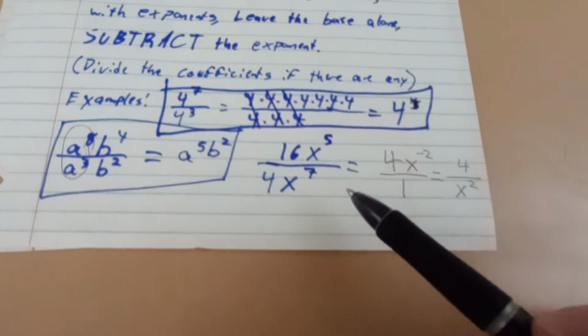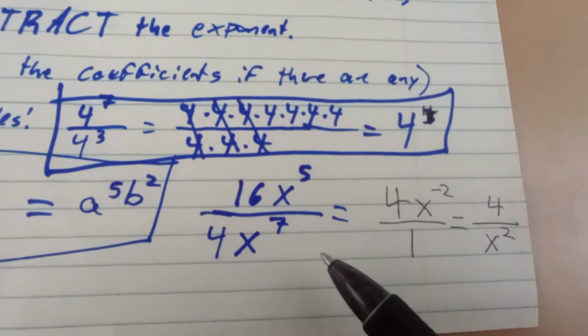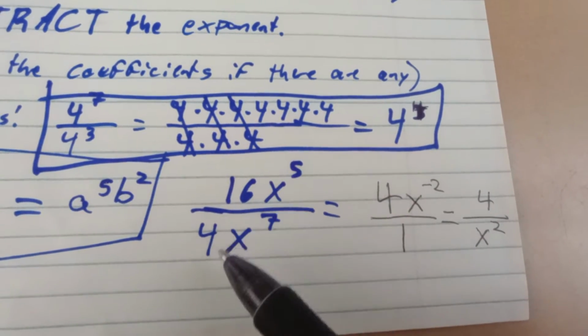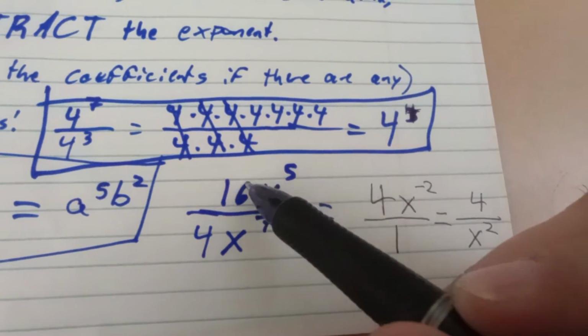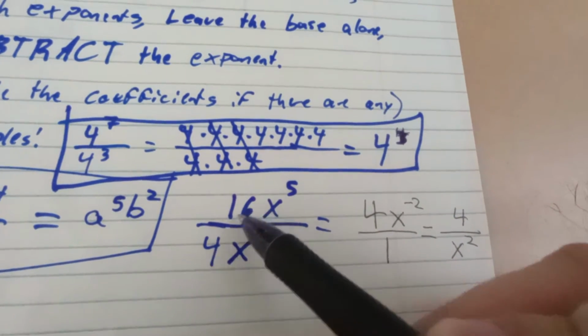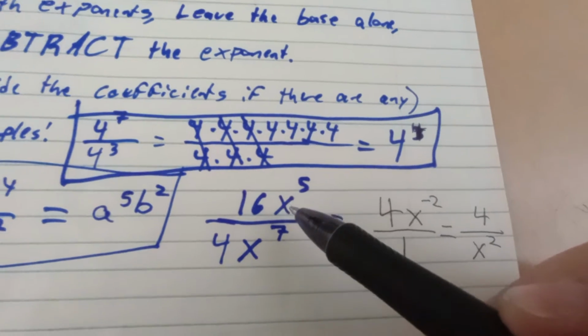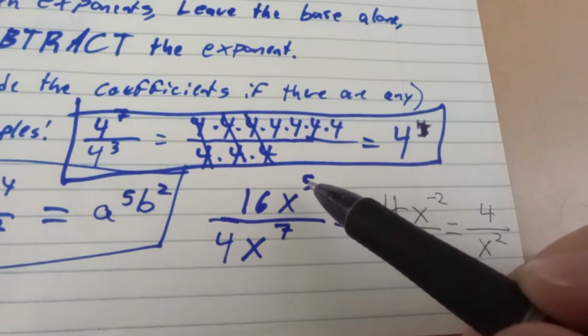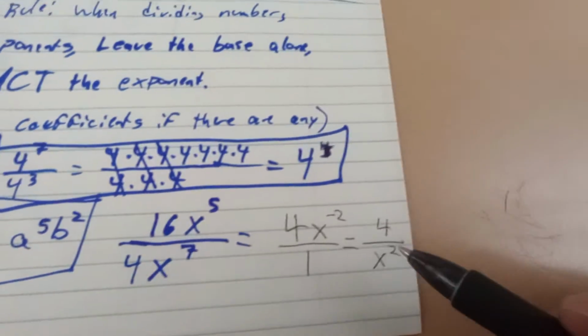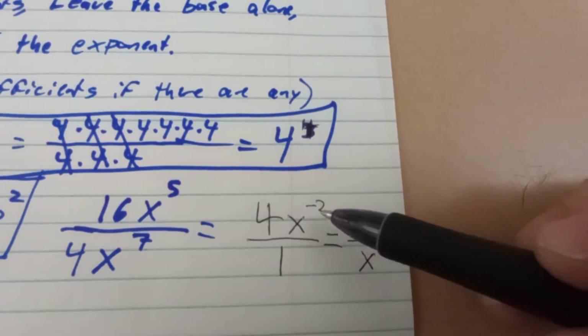Now, this one, I threw a bit of a curveball. Maybe I shouldn't have, but when we do our subtraction here, first of all, you would go ahead and divide 16 by 4. The coefficients, you would go ahead and divide. However, when we do this part, x to the fifth minus x to the seventh, we end up with x to the negative second.